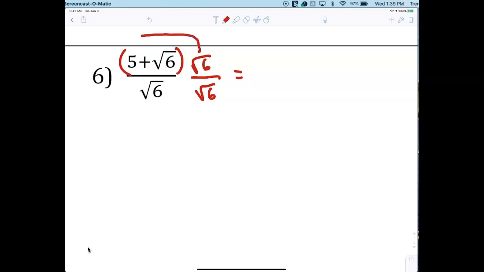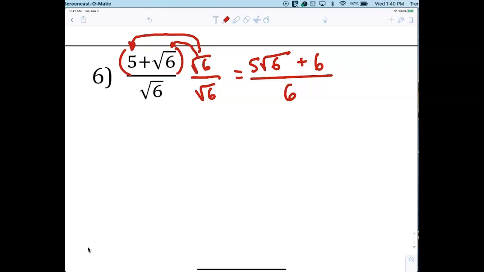I'm multiplying radical 6 times 5. And then I'm going to go radical 6 times radical 6, and what's that? All over what? 6. Now, what some people do is they take the 6 and the 6 and cross it out. You cannot. Things bounded by addition or subtraction, you cannot reduce. You can only reduce through multiplication.